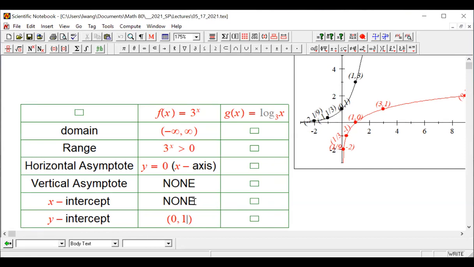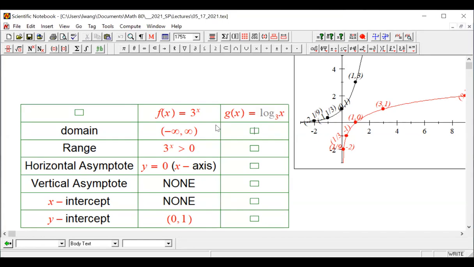That's the point right there. Let me do it again. So that's the y-intercept. Are we good? All right, so let's continue and look at the red curve. The red curve is log base 3 of x.